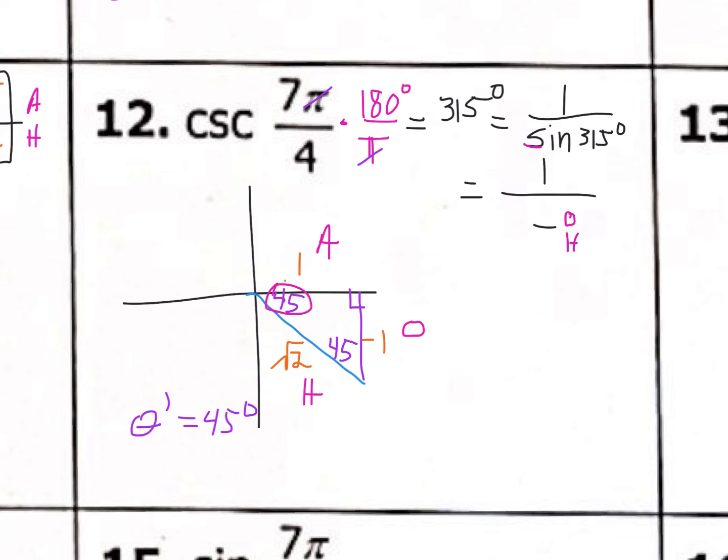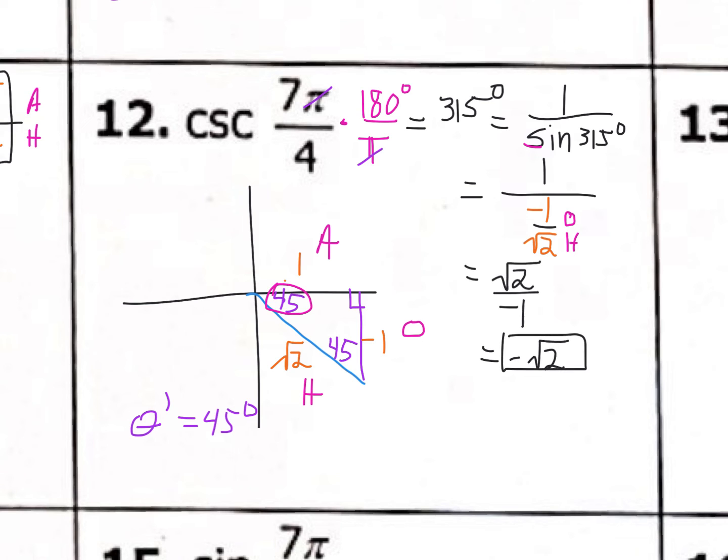So for our side opposite, we actually have -1 over the square root of 2. Instead of rationalizing that, since it's 1 over a fraction, we're just going to take the reciprocal of -1 over the square root of 2, which is equal to the square root of 2 over -1, which of course equals negative square root of 2.